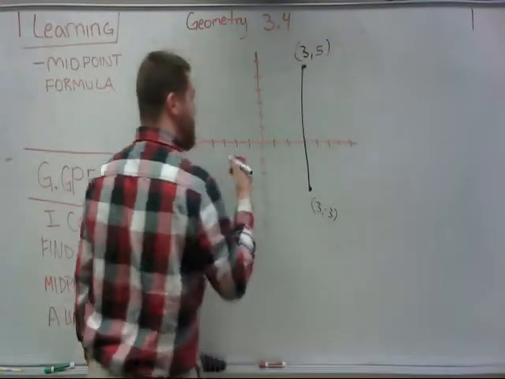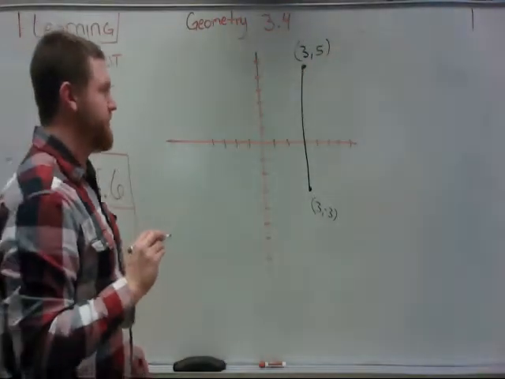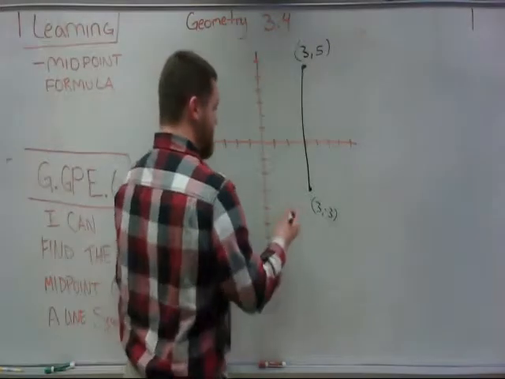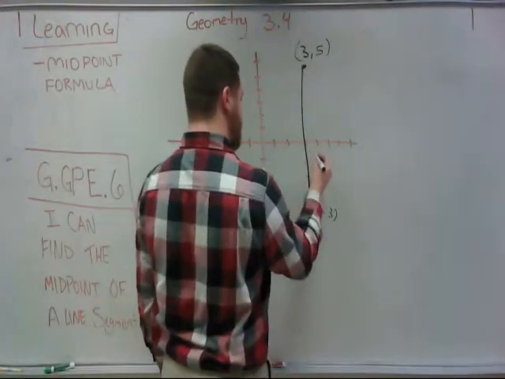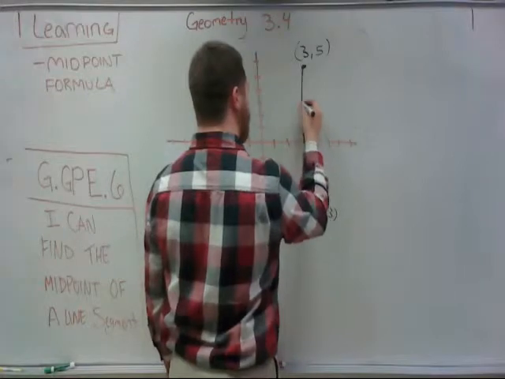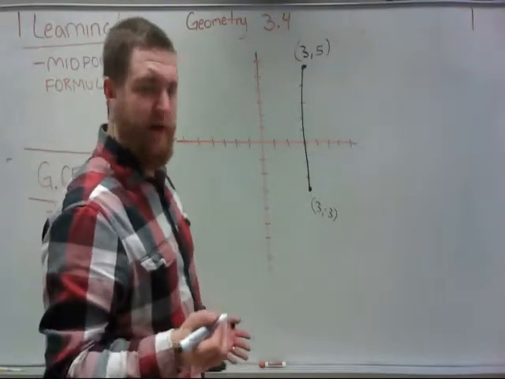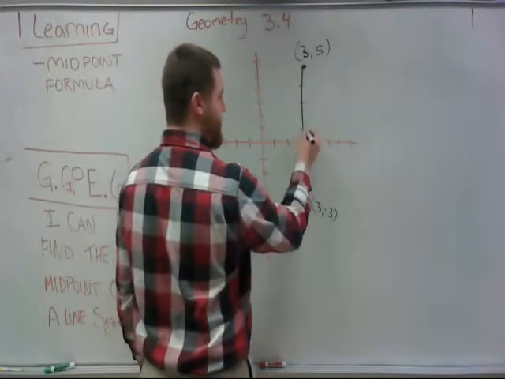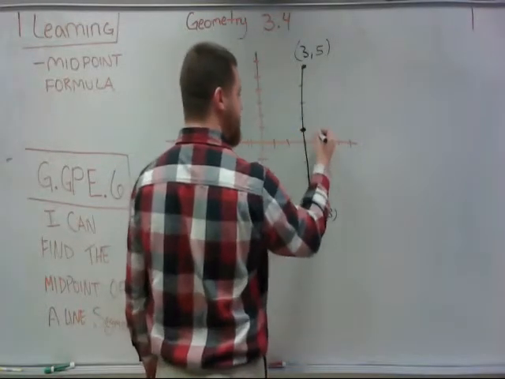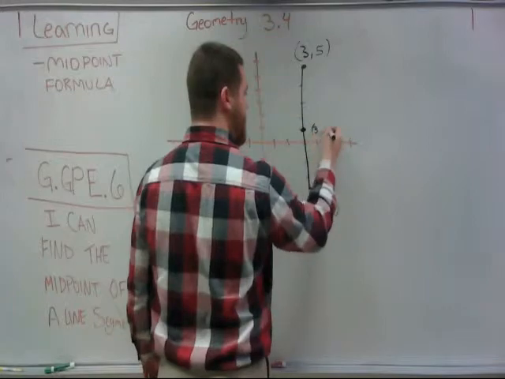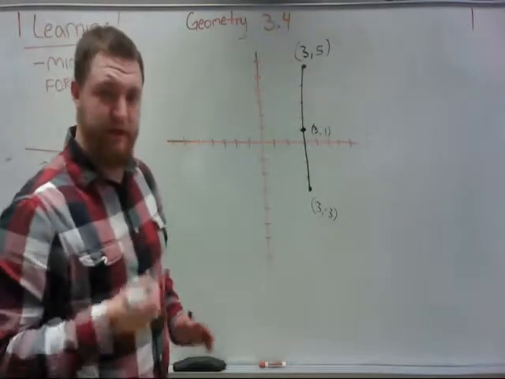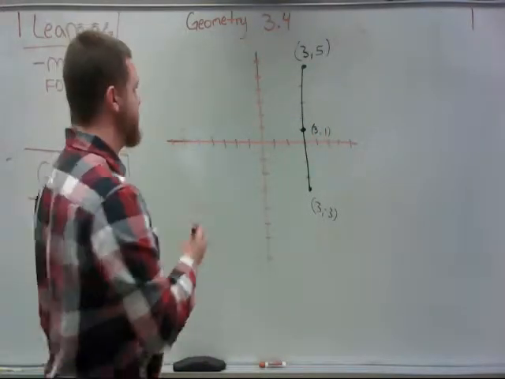Okay? Now, we can measure that, right? We know that this line is 1, 2, 3, 4, 5, 6, 7, 8 sections long. And the midway point would be halfway, which would be 1, 2, 3, 4. So we know that the midpoint is 3, 1. That's that point, right?